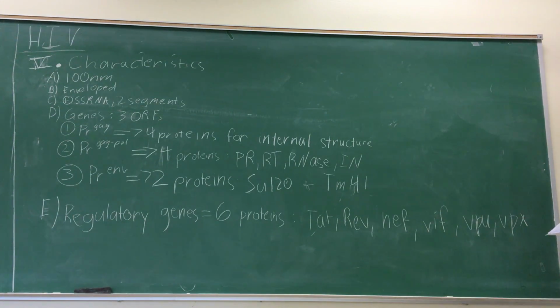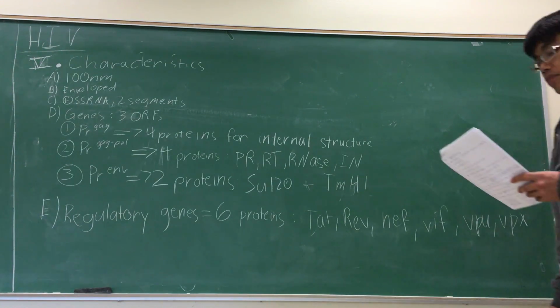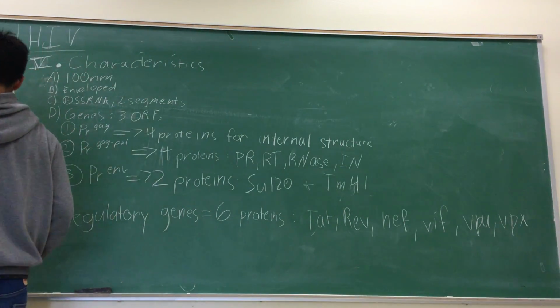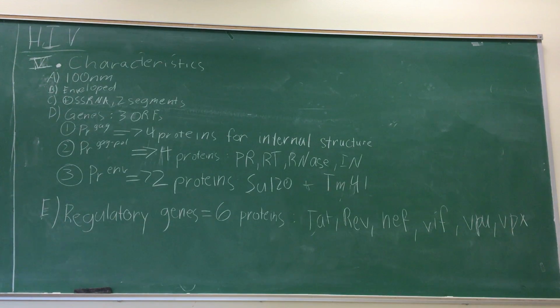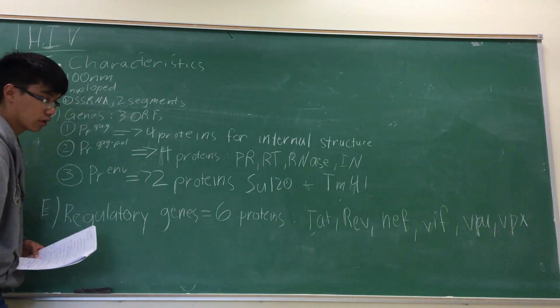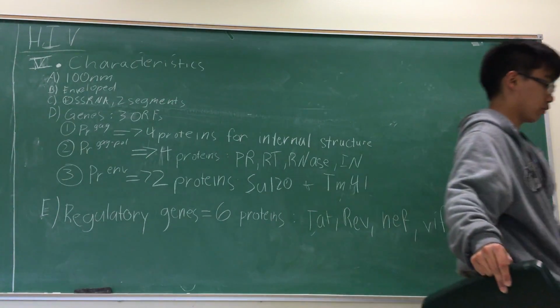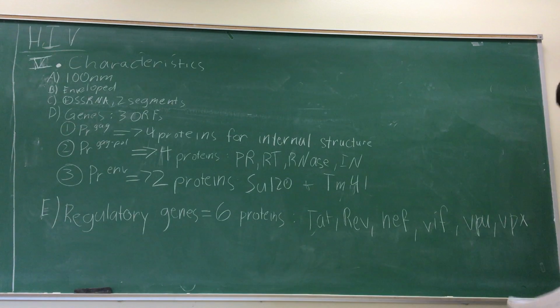Basic characteristics. So unique properties, I'm actually not going to write this down because I don't feel it's too important, but just keep it in the back of the mind, as this is part of the reason why it requires its own chapter. So the unique property is that HIV is big.